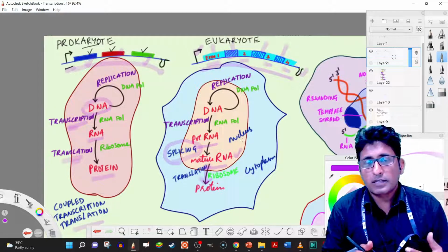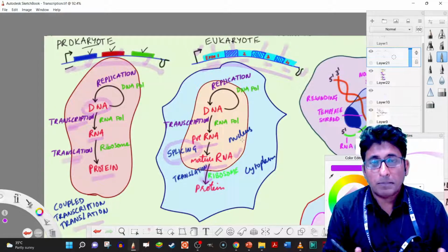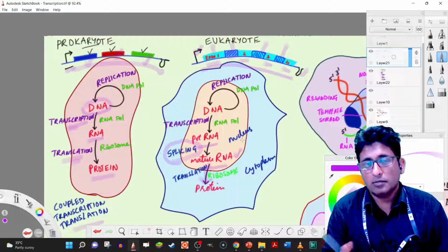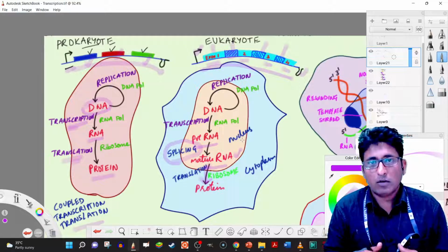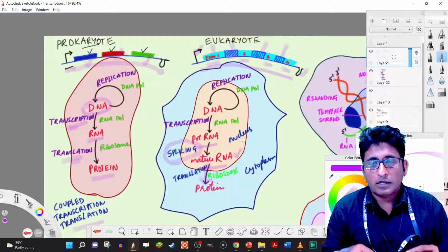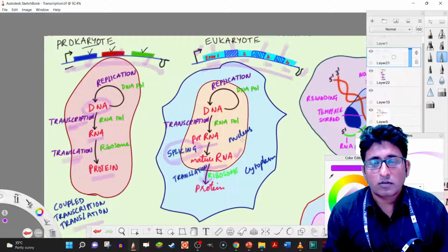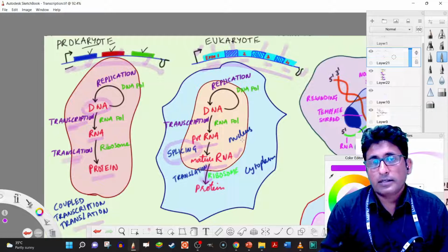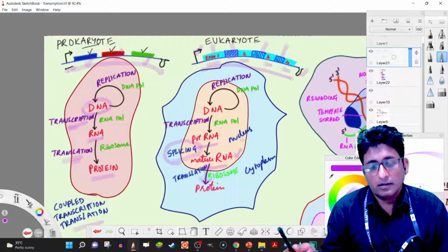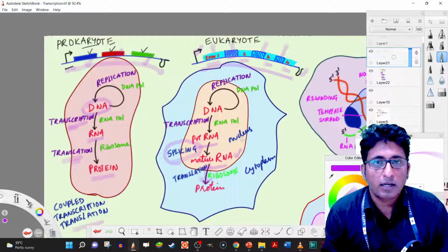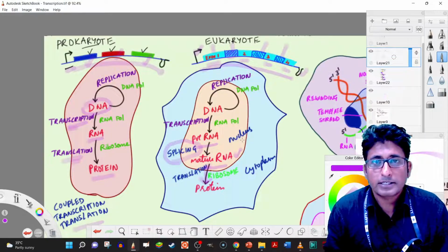Transcription as such is a template dependent process, like many other processes that happen within the cell, because the genetic information is present as a sequence of nucleotides, and the expression of those nucleotides should happen and produce corresponding elements such as proteins or enzymes.